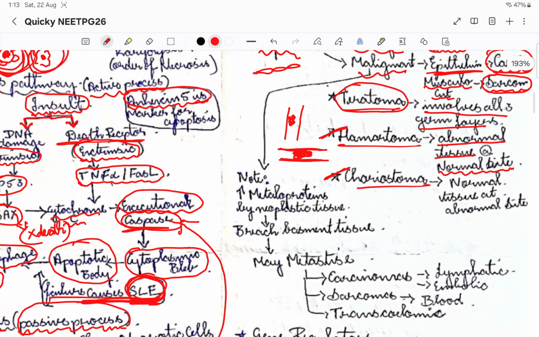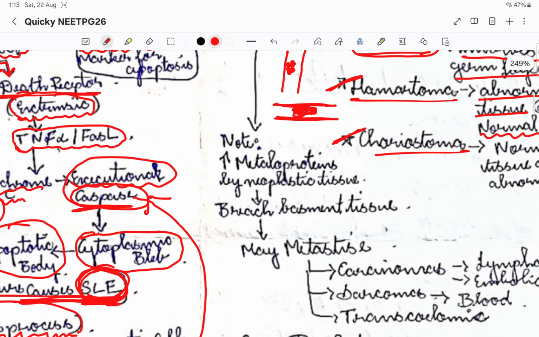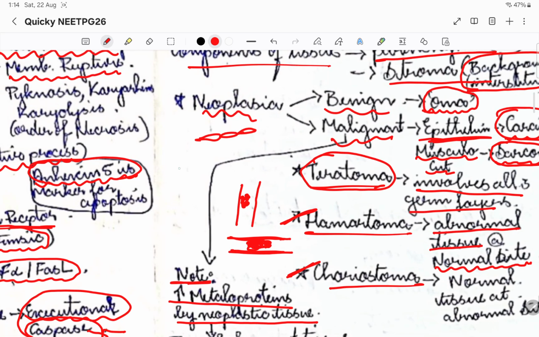Then coming to malignancy, note that increase in metalloproteinases by the neoplastic tissue is the one thing that causes the breaching of the basement membrane. I told you, right? Benign is, let us take a bone. If it stays in the bone itself, in that particular layer alone, then it is going to be benign.